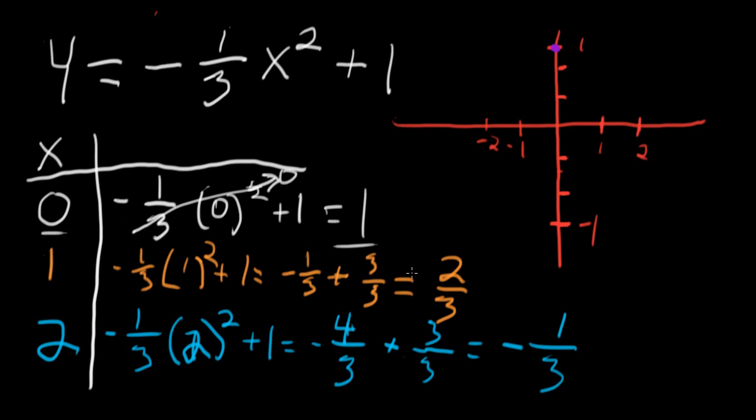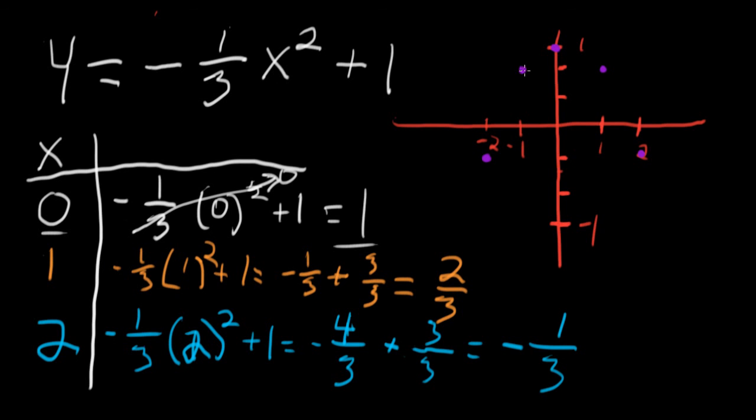At 1, I was at 2/3. Which means that at negative 1, I'm also at 2/3 because of symmetry. And then at 2, I was at negative 1/3. Right on top of my 2. I always love it when that happens in the graphs.